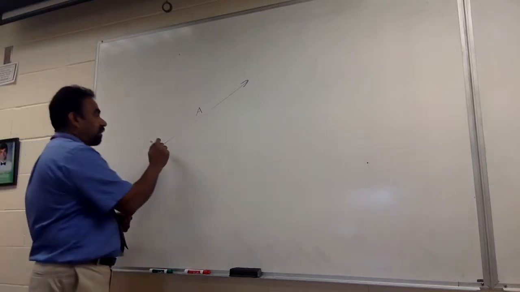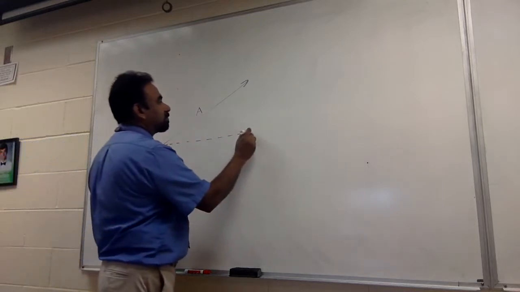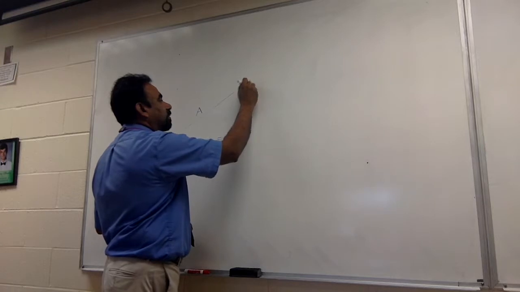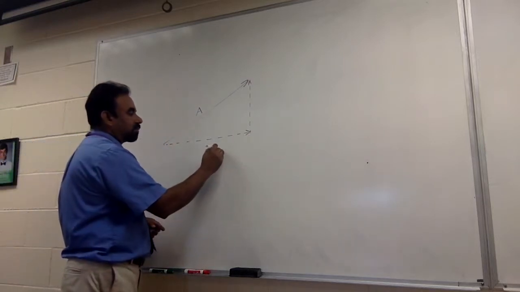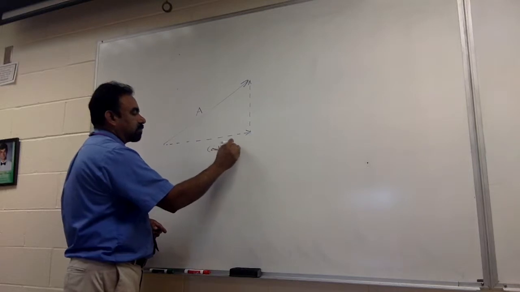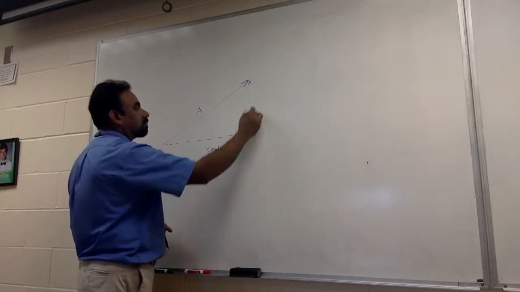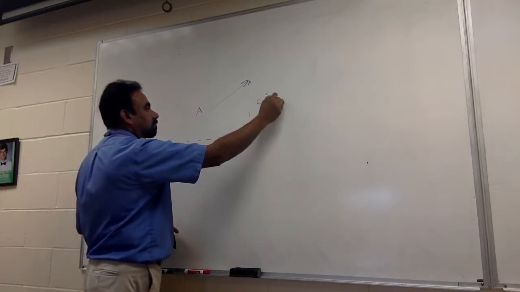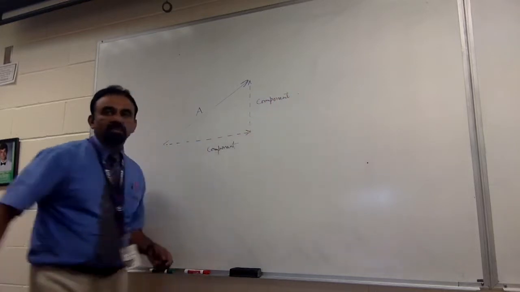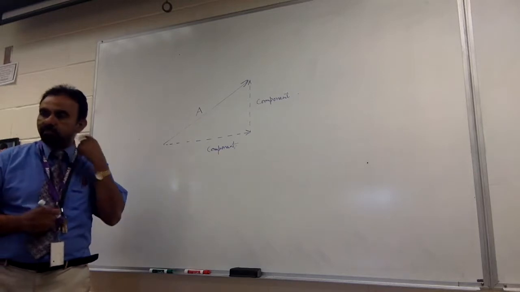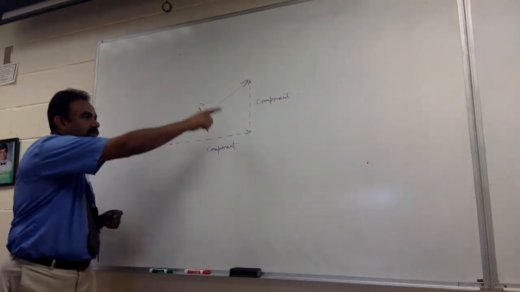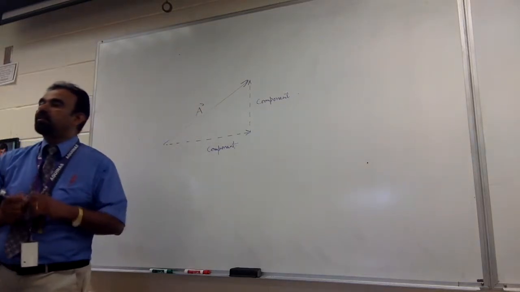So I go here, then I go there. Now these are called the components. These are the components of vector A.